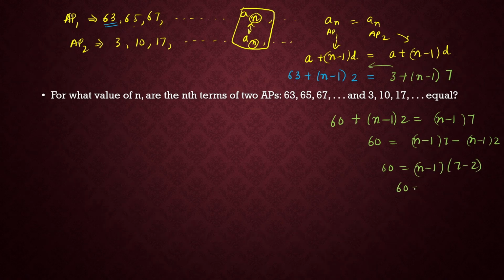So 60 is equal to (n minus 1) into 5. n minus 1 is equal to 60 divided by 5, that is 12. So n is equal to 12 plus 1, that is 13. So in the 13th position, the value of the term will be the same in both the APs. That's it. Straightforward, simple question.